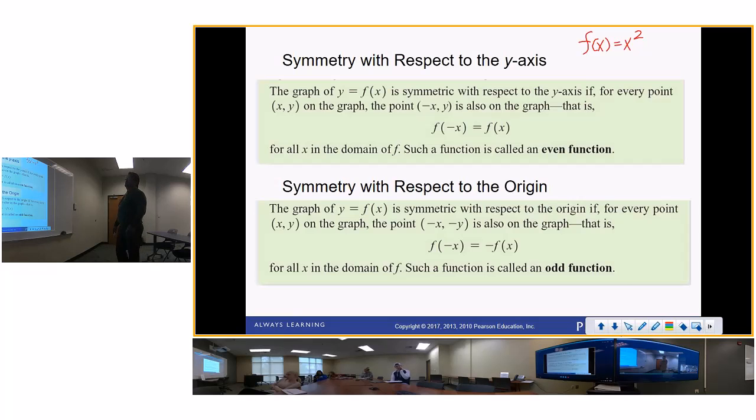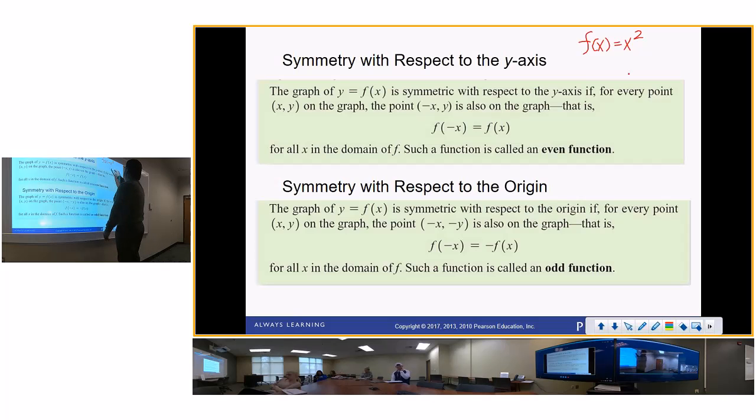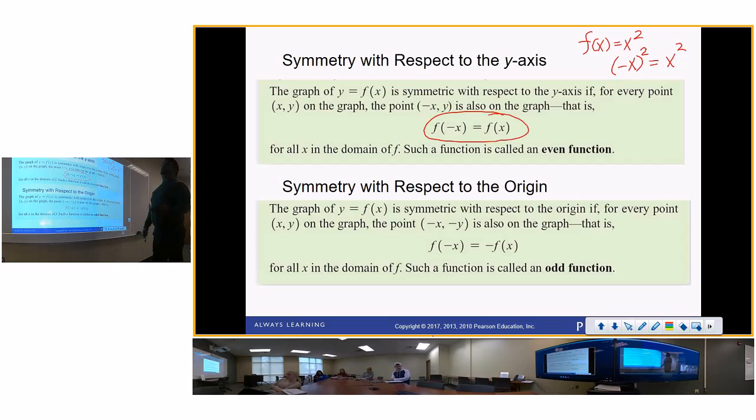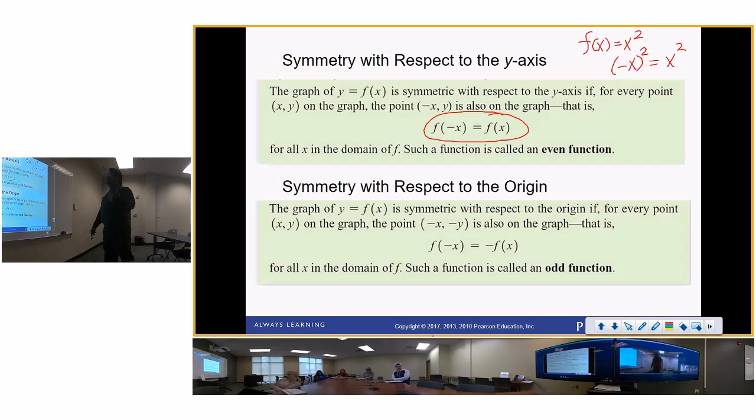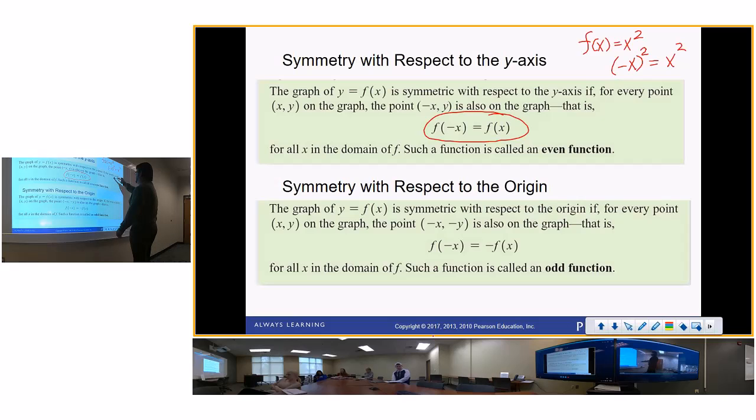You're going to say, okay, well, I'm going to plug in negative x. And when I plug in negative x, what do I get? I get x squared. So therefore, f of negative x is equal to what? F of x. If I plug in negative x and I get f of x, then it's symmetric around the what? The y-axis.